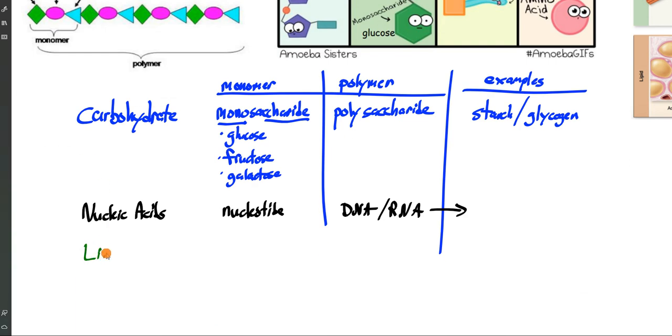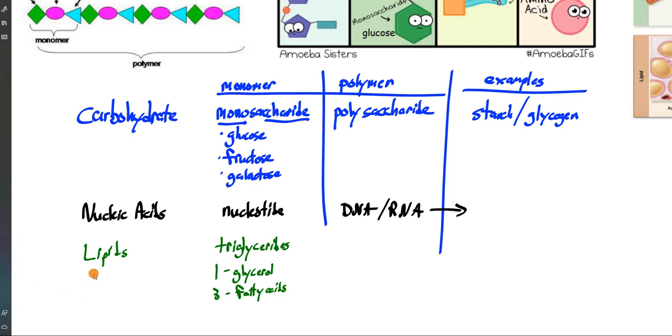For lipids, the monomer is a weird monomer. We're going to call it a triglyceride, and this is not a rule set in stone, but a triglyceride has one glycerol molecule as a head and 3 fatty acids.